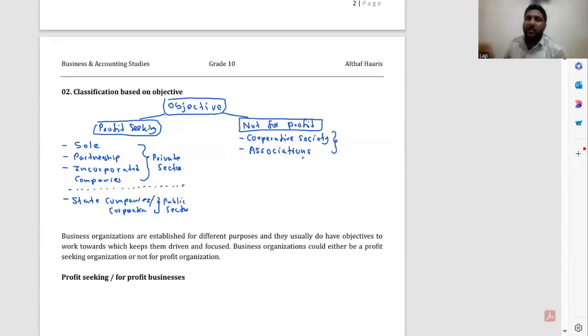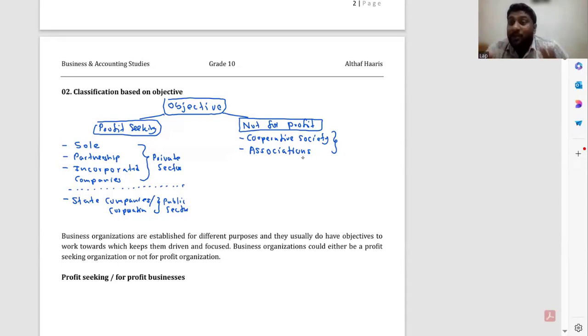So if you take an example, let's assume Sanas. Sanas is not owned by the government. Sanas is owned by a set of individual people. So this set of people are running this organization not to make profits for themselves.